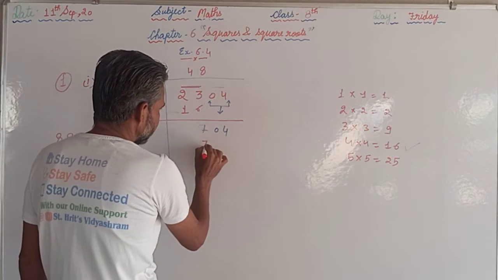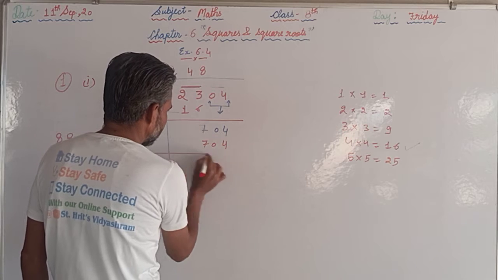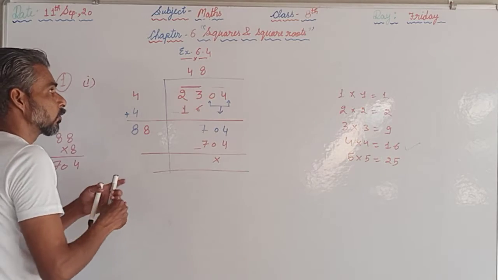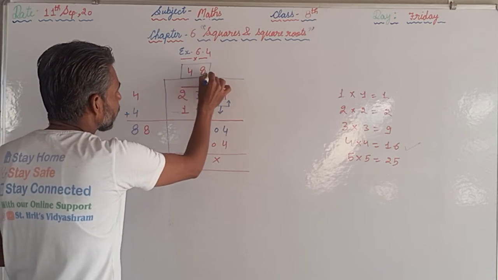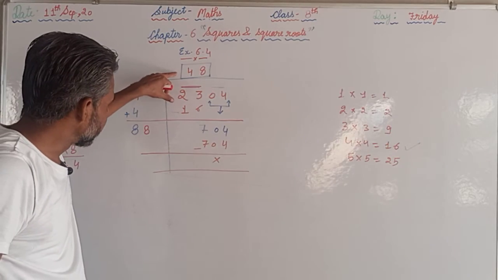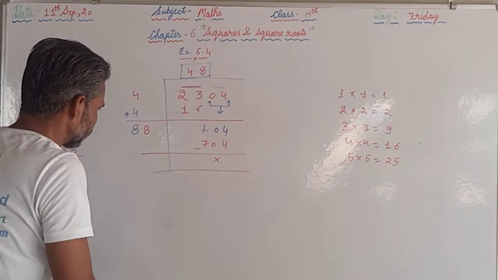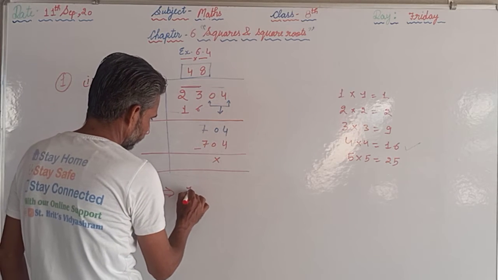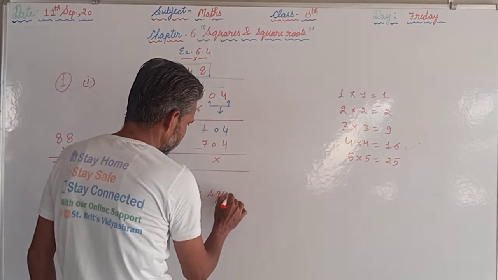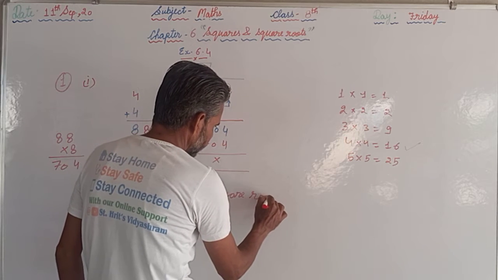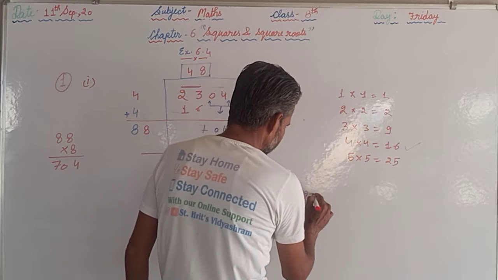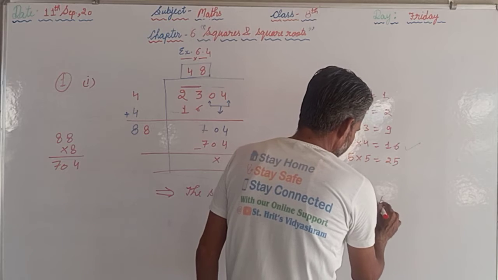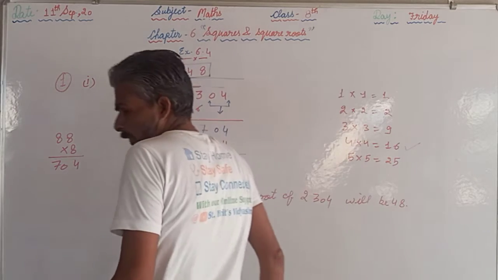So we write here 704, and afterwards we got 0 here, nothing is left. So the square root of 2304 will be 48.